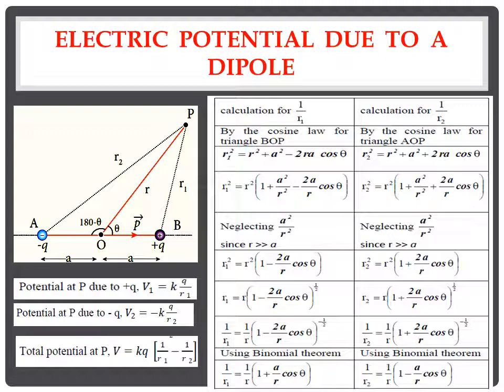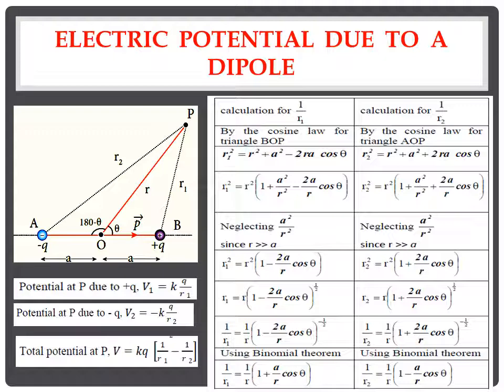Now the potential at P due to the positive charge is given as V1, which is equal to K q by r1. Now K is equal to 1 by 4 pi epsilon naught, which is a constant. Similarly, the potential at P due to minus q is represented as V2, which is equal to minus K q by r2. So the total potential will be the addition of these two.